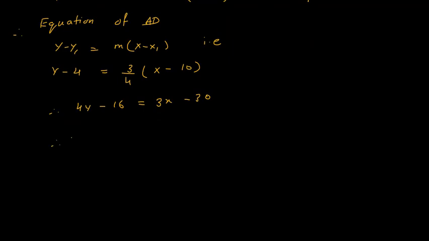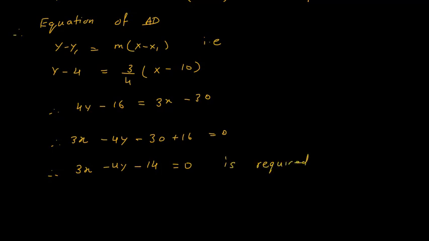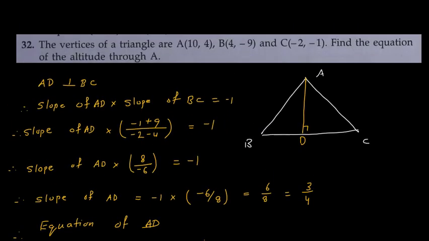So 3x - 4y - 30 + 16 = 0. Therefore 3x - 4y - 14 = 0 is the required equation. Okay, simple. 3x - 4y - 14 = 0 is our required equation.